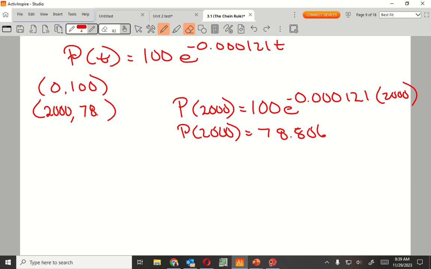My marker does not like me, because it makes my 5s look like 8s. There you go.